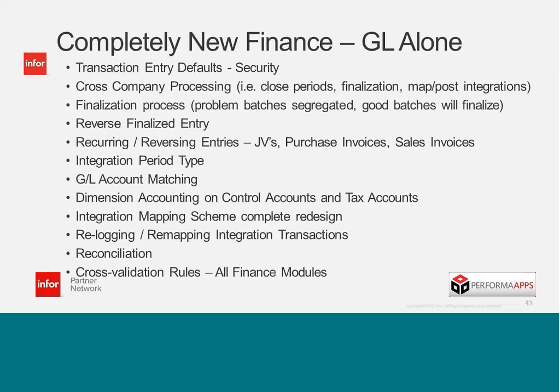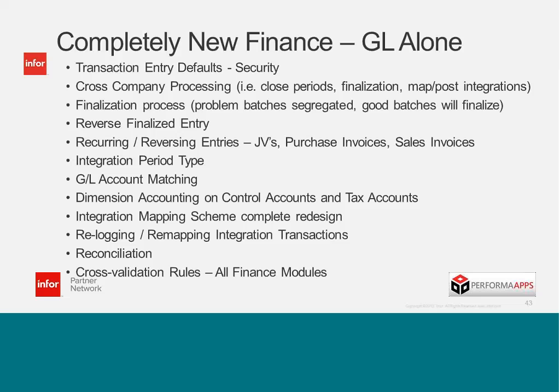With the reverse finalized entry session, you can actually reverse that automatically, and it gives you an audit trail of the reversal. So it actually does more transactions to reverse, and then it allows you to create a copy of it and modify the copy and finalize that. So let me just pop over there. Well, actually, just let me go through the list, and then I will pop over and show you some of these things.